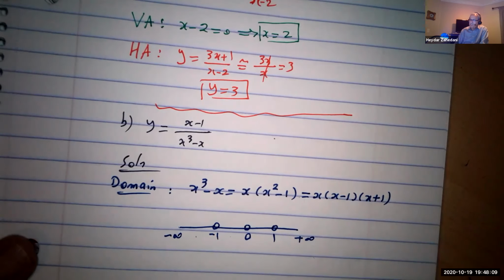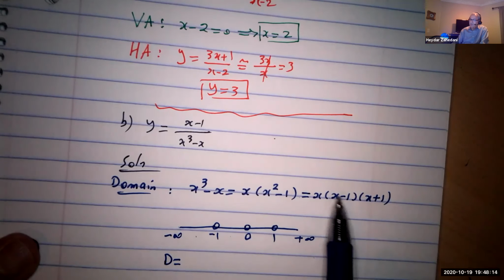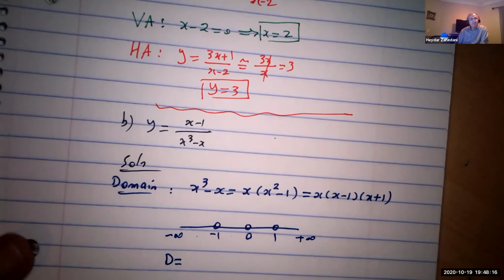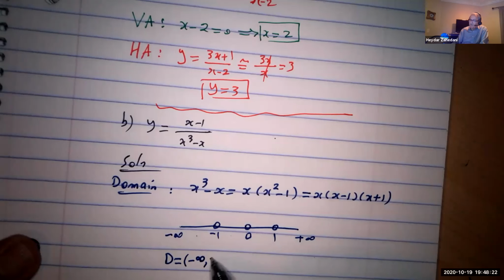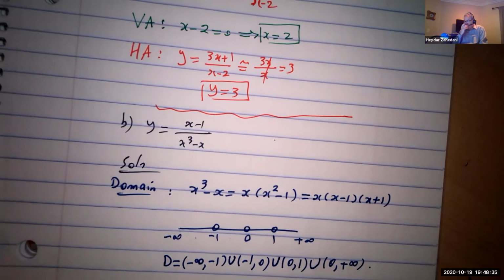We have 4 partitions, so the domain is going to be equal to, remember, there is a common factor, but make sure you don't simplify it. Okay, it's going to be negative infinity to negative 1, union with negative 1 and 0, union with 0 and 1, union with 1 and positive infinity.